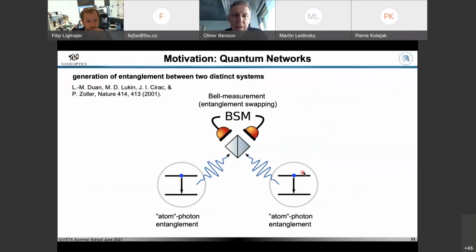For example, if you have an atom or atom-like object entangled with a photon, you can connect it with another one by just making a joint measurement on the two photons that are emitted. And in this way, you can connect different systems via measurements and create entangled states among very different physical systems.